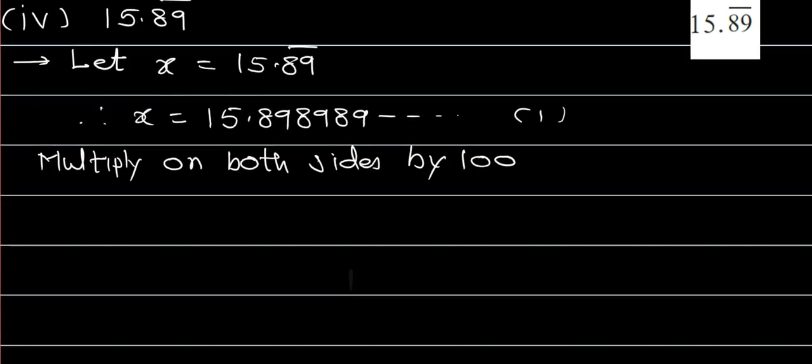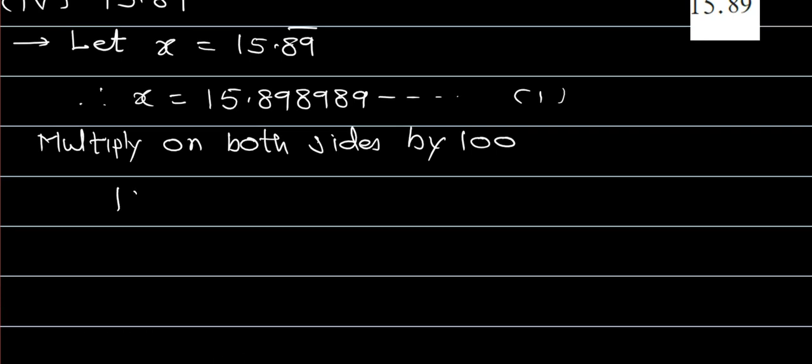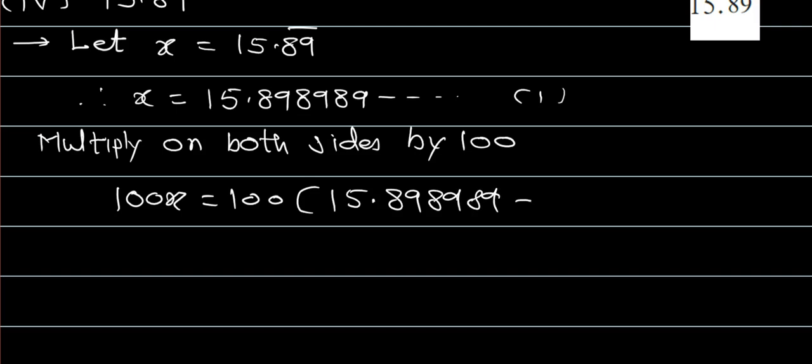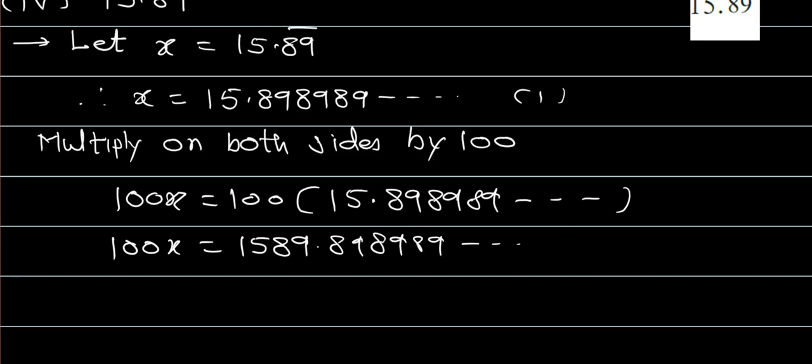Therefore, 100x equals 100 times 15.8989 dash dash. Therefore, 100x equals 1589.8989 dash dash. This is equation number 2.